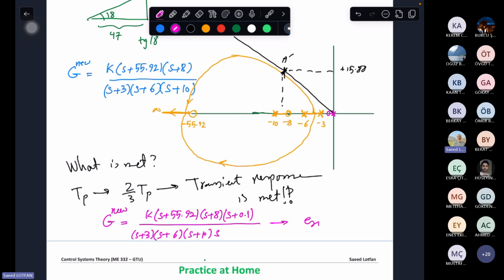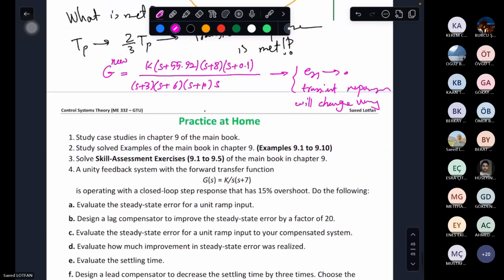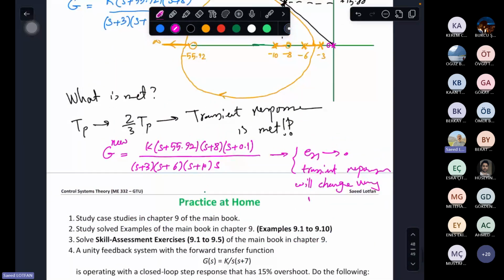This will guarantee that the steady state error will be 0 and also guarantee that the transient response will change by ignorable values.